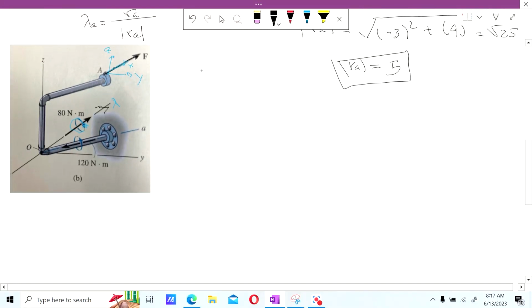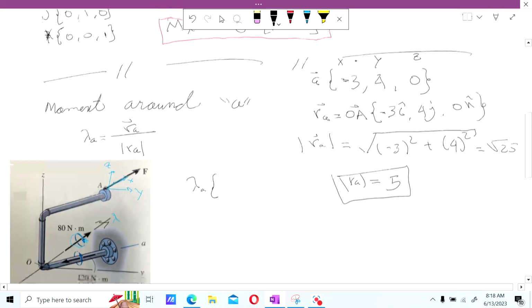Okay, so we use this to find our lambda. So lambda, which is the unit vector of the axis, the same way that axis x has unit vector 1, 0, 0, axis A, which is an arbitrary axis, has a unit vector of, and we're going to find that right now, r divided by the magnitude, so basically computing this guy.